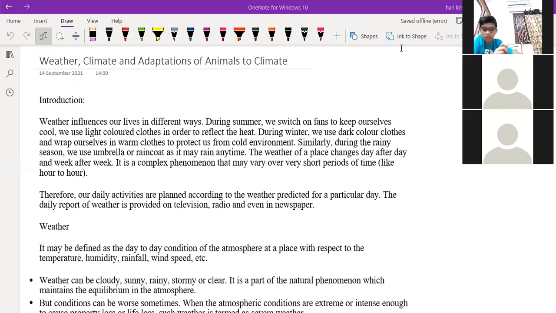But in the summer season, we don't wear raincoats. Instead, we use light colored clothes. Why? Because they reflect the sun.